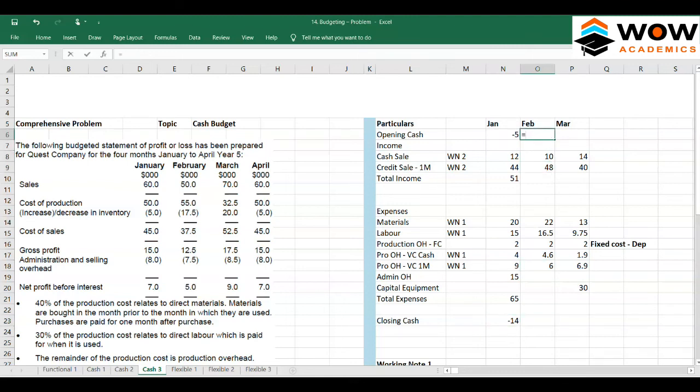So the closing cash here will become the opening here, and again we'll find out the total income, the total expense, and the closing here. So opening is minus 7.1, and total income is this number.